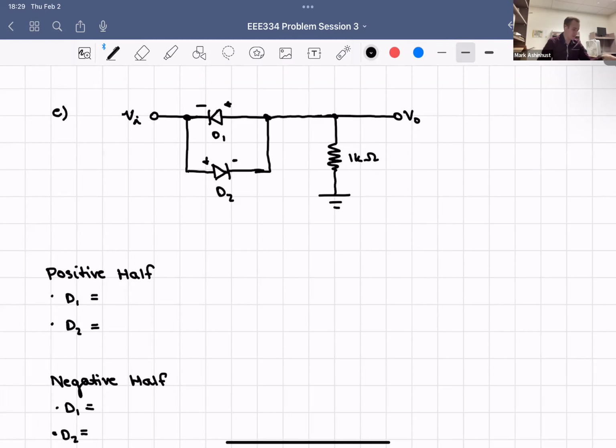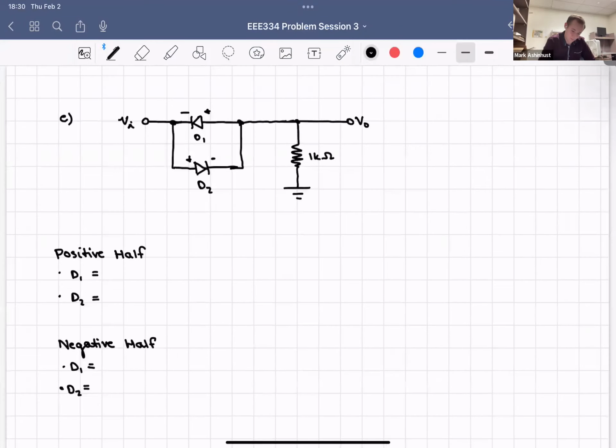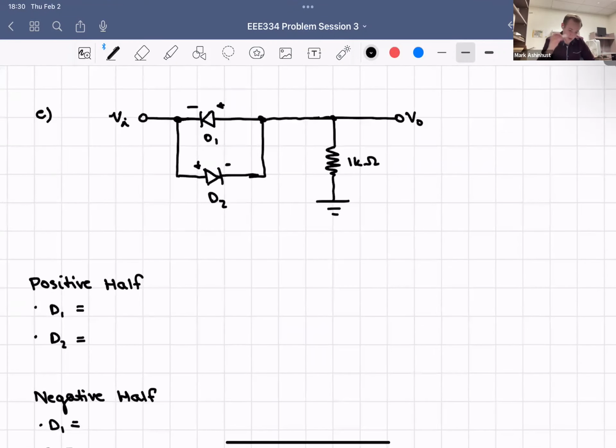So for that positive half of the cycle, is D1 going to be conducting or not? You could think back to A. We also did this with B. We have that anode, we have the anode on the other side and then the cathode. So is D1 going to be conducting or will it not?